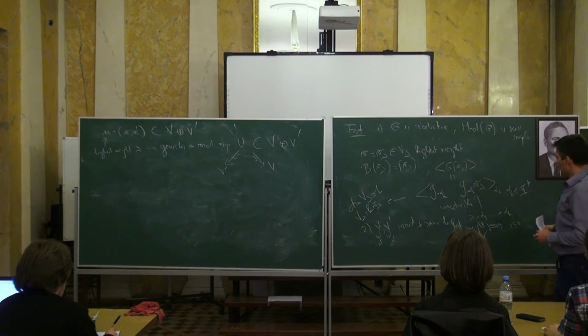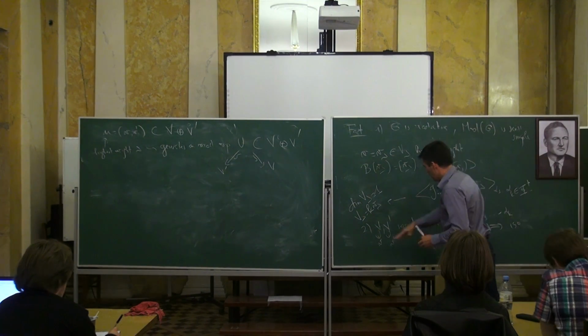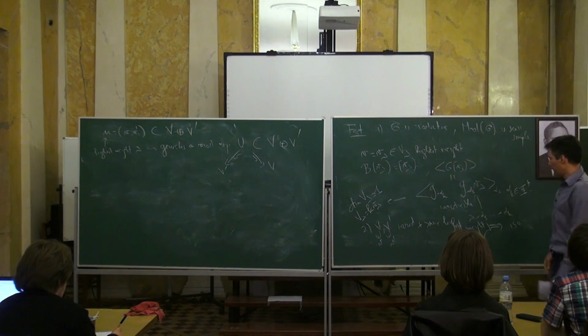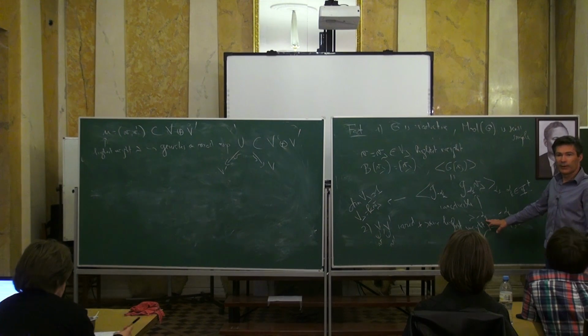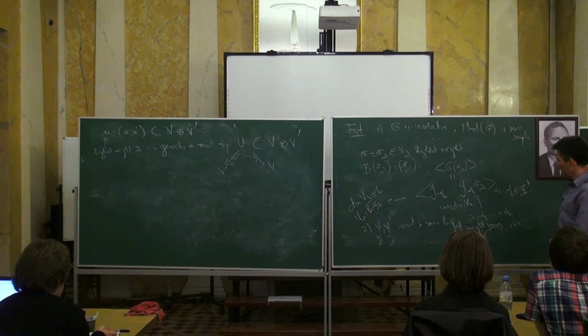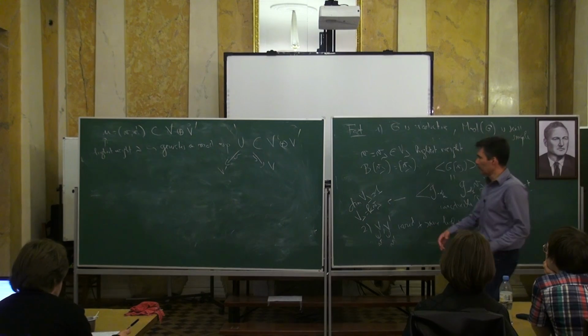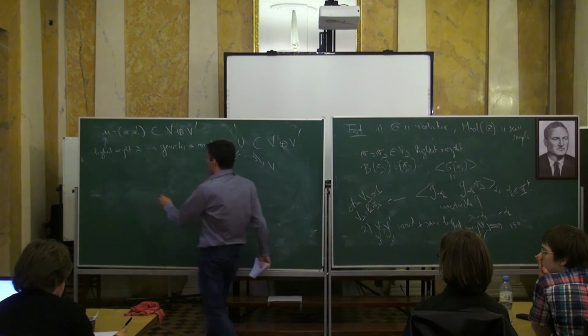Okay. So we know that irreducibles are classified by their highest weight. And it is not true that any weight corresponds to an irreducible representation. So there is a criterion for this.